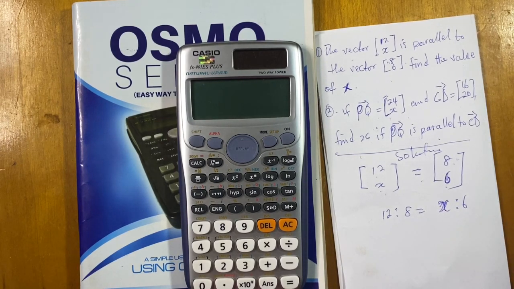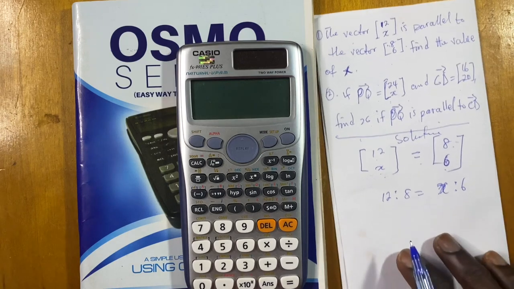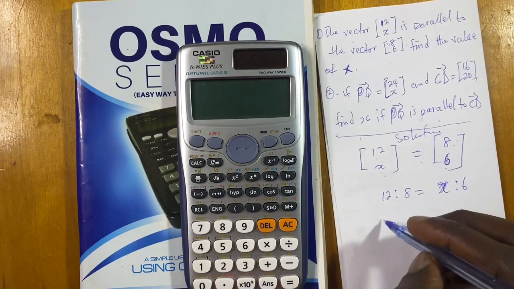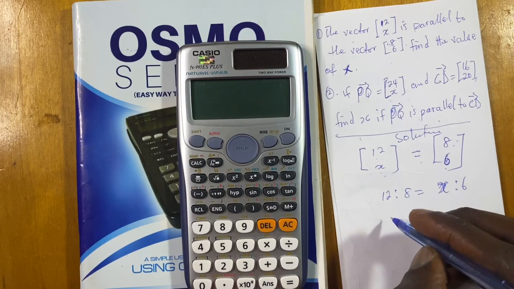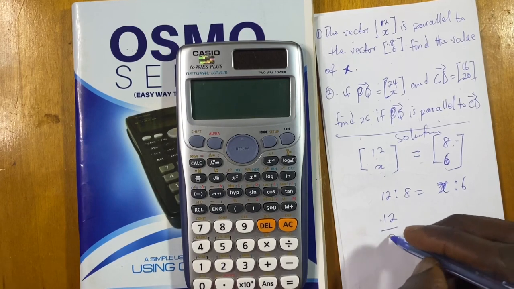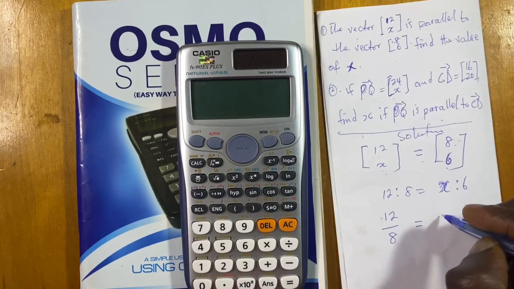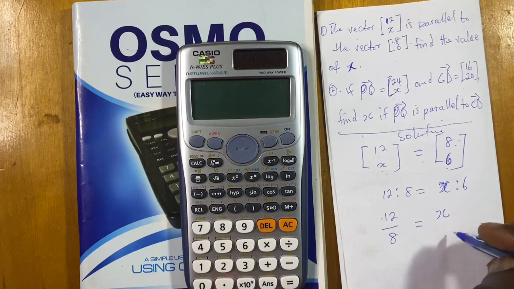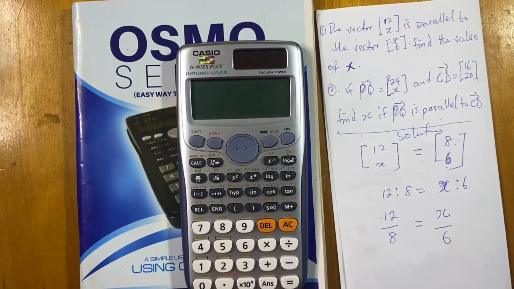We know that when we map "is to", we can turn it into a division. So now it's going to be 12 over 8 equal to x over 6, and it's as simple as this.